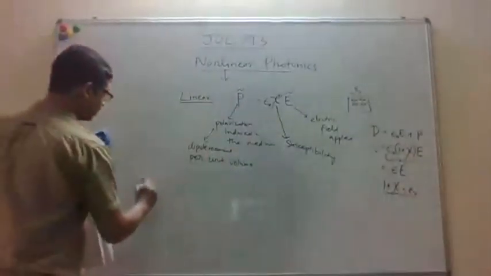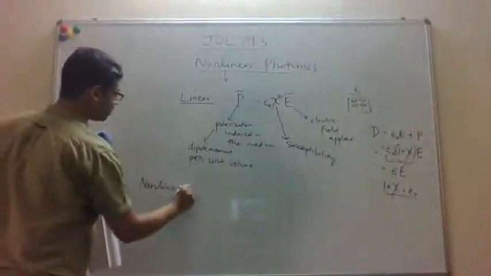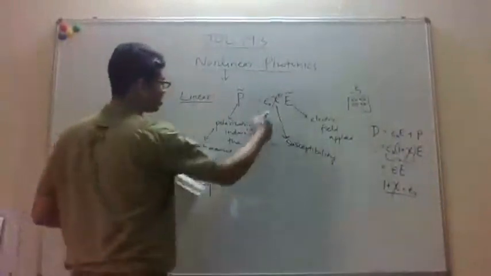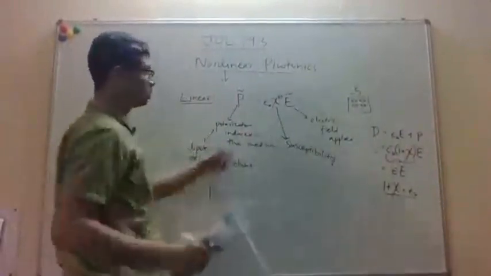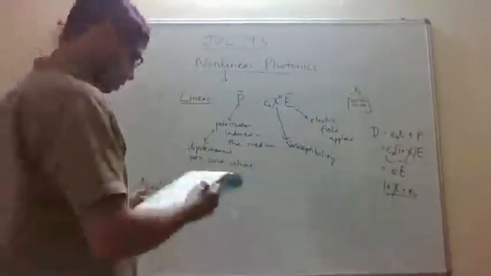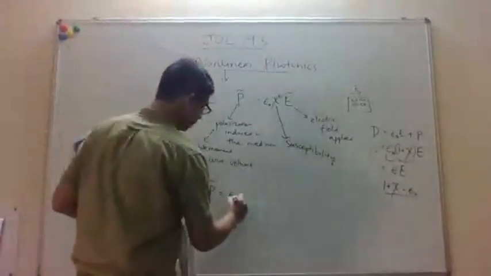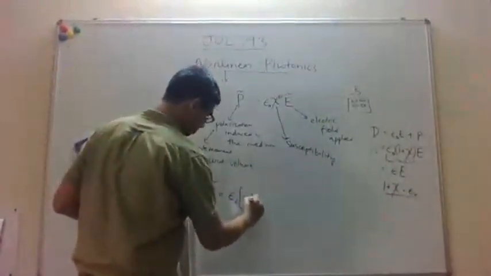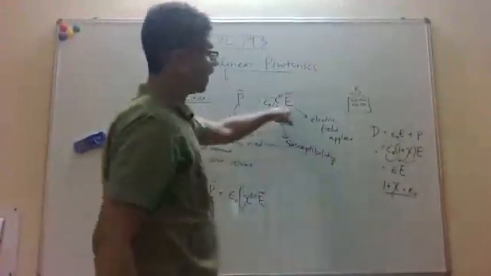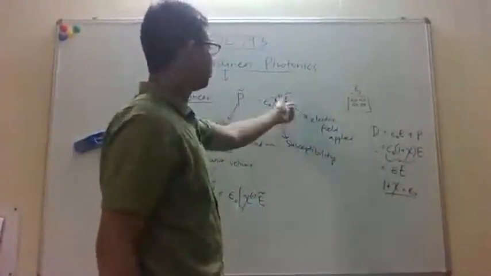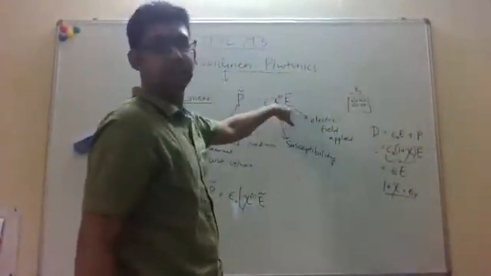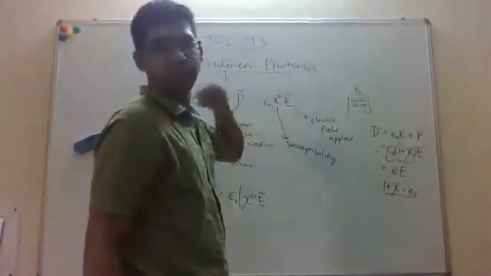Okay, so in the nonlinear case, what happens? Of course, you can guess that now it's not just linearly proportional to the electric field, but you could have other terms. So in nonlinear optics, let's say I crank up this electric field. For low values of electric field, this approximation is very good, but as you keep increasing the electric field, the medium starts behaving nonlinearly.